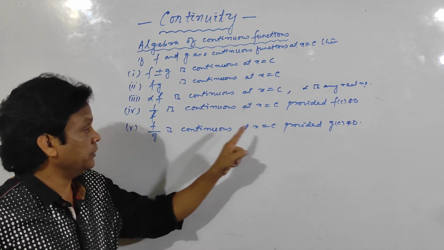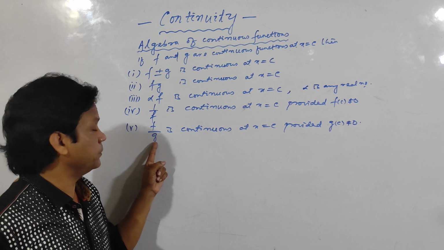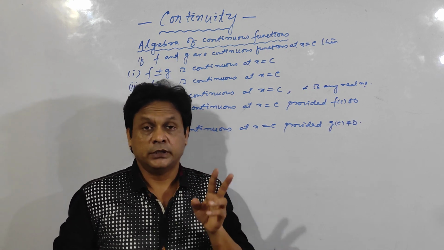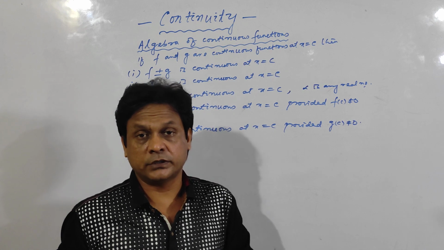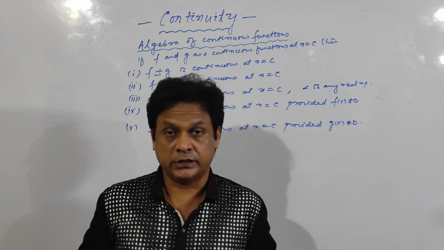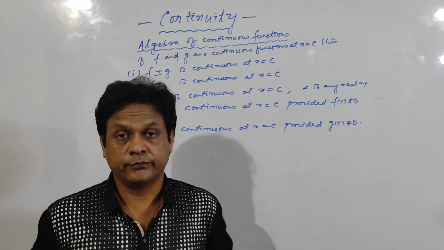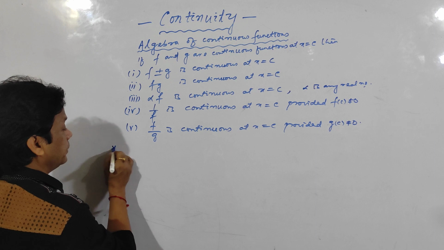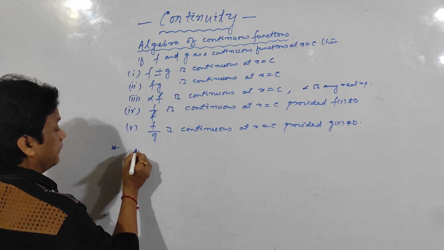So g of c, and you are testing at x is equal to c, so g of c must be unequal to 0. Okay. That means overall, if f and g are continuous functions, then their sum, difference, product, and quotient are also continuous. Clear?